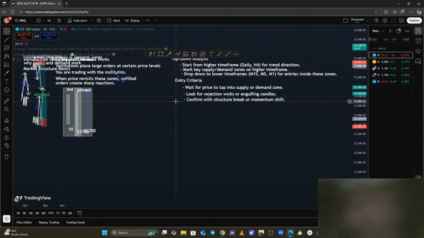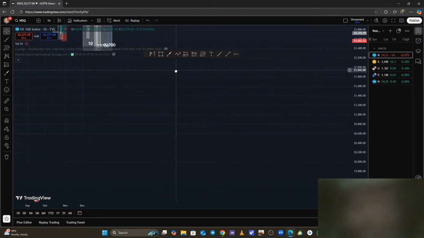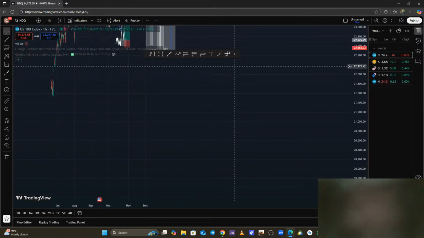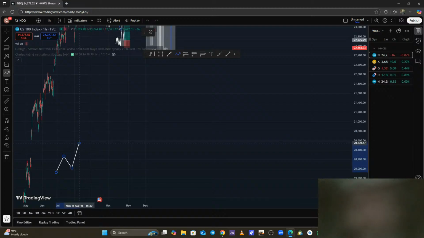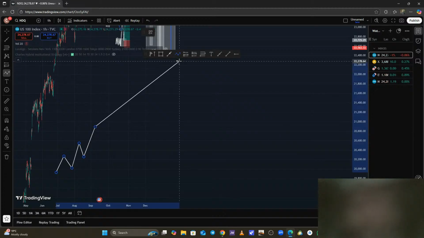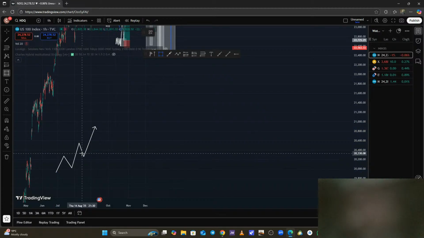Here's something I was almost forgetting to tell you guys. Let me just draw it somewhere here. So let's say the market is on an uptrend like this. This is an example. The market is on a beautiful uptrend like this. Now, let's say you've marked your demand zone like this.